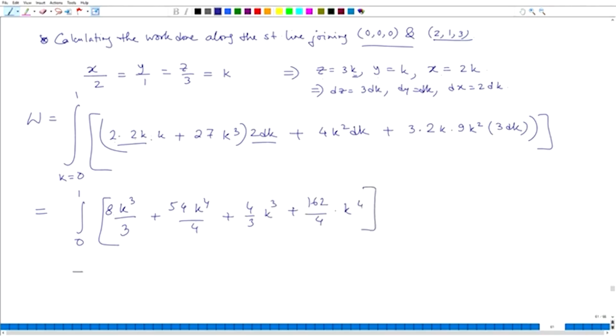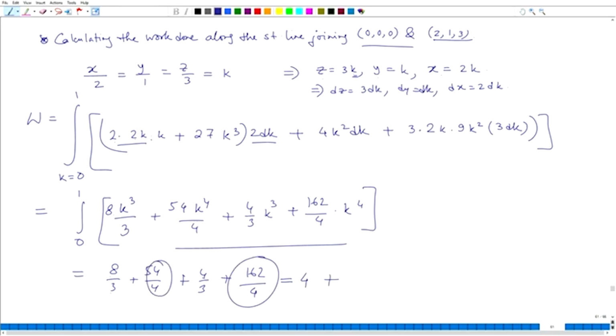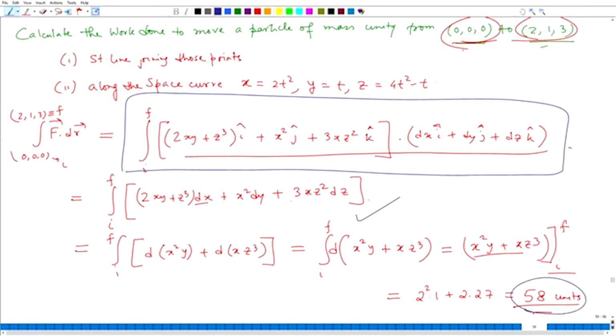And if you calculate, you can see directly from here, you will have 8 by 3 plus 54 by 4 plus 4 by 3 plus 162 by 4. So, finally, you will have 8 plus 4, 12 by 3, which is 4, and these two terms, you will have 6 and 2, 1 by 4, which is 54. Okay. So, you will have 58 units.